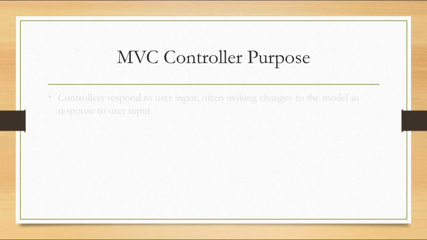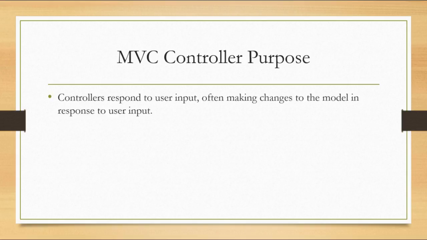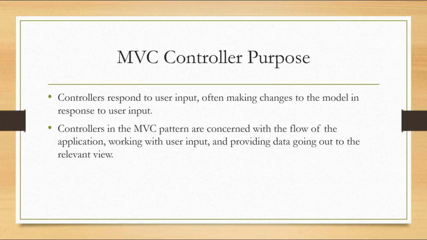All right, so what's the purpose of controllers? Now, if you saw before in our example in the previous tutorial, controllers respond to user input. They get model or data from the model, and they may make changes to that as well. Controllers in the MVC pattern control the flow of the application.